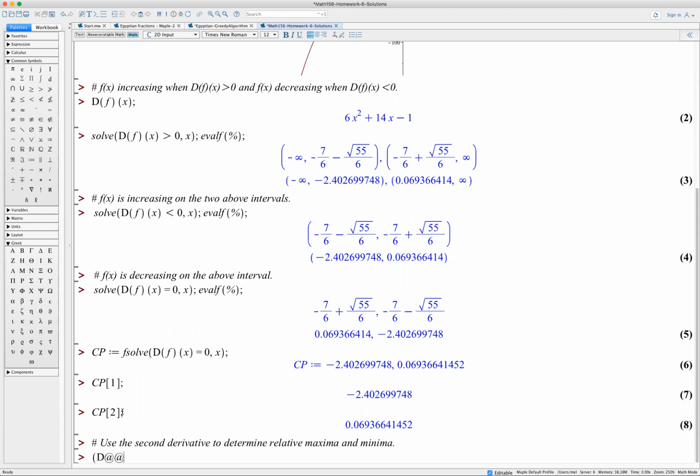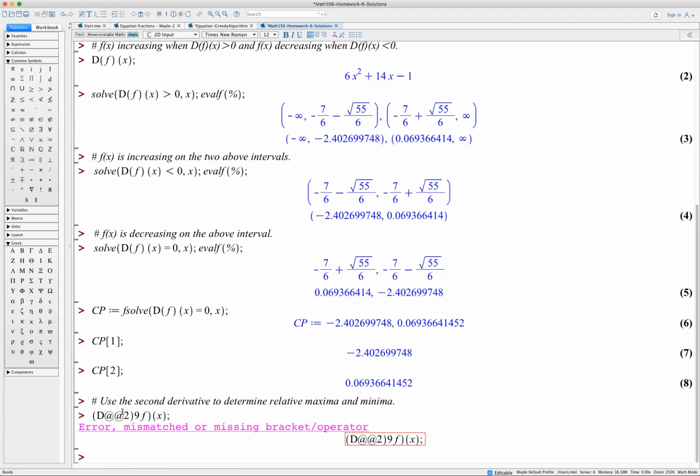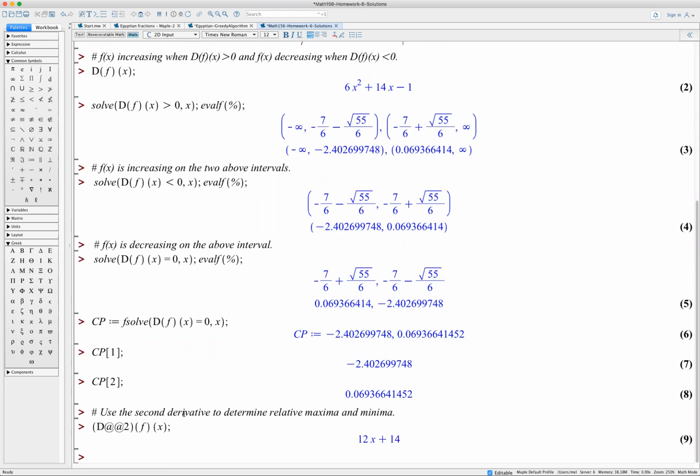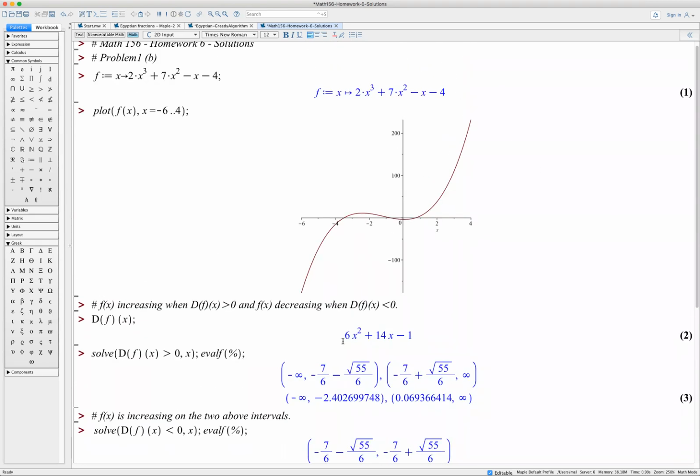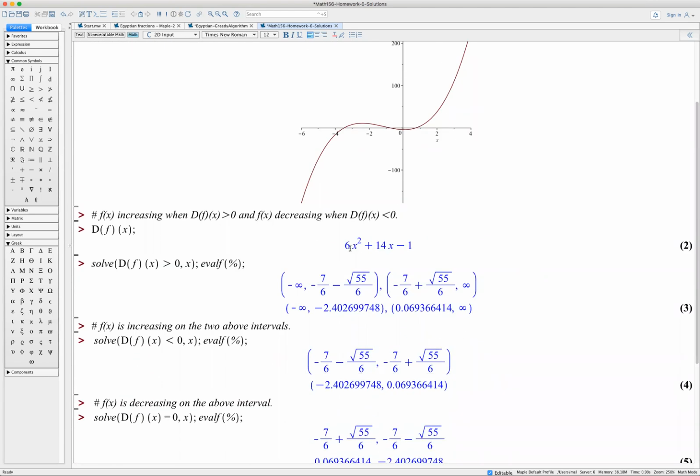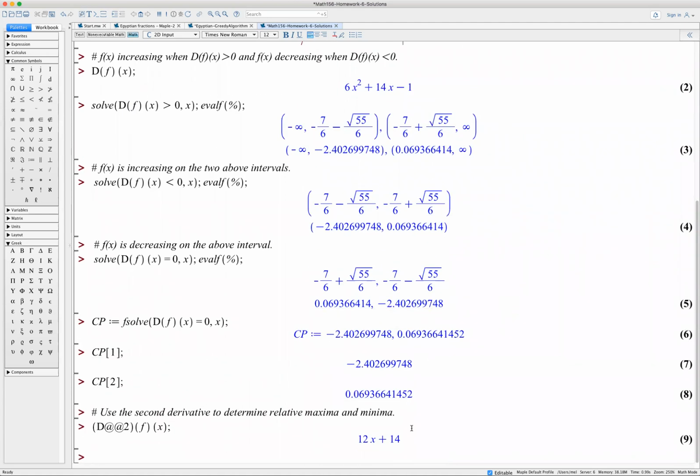D at 2 of f of x. Oops, it's supposed to be a parenthesis there, and not a 9. This is the function. That's the first derivative. Differentiate this, you get 12x plus 14.